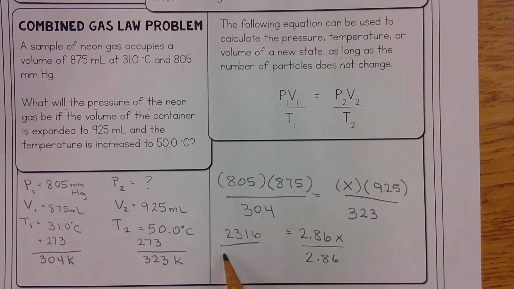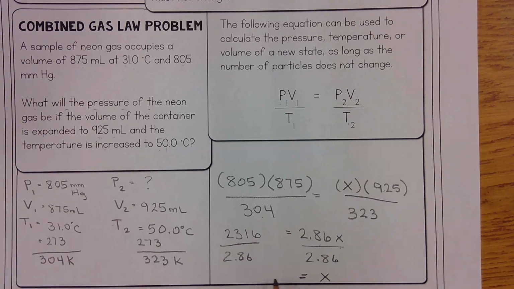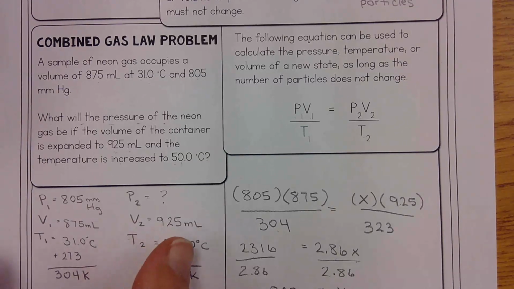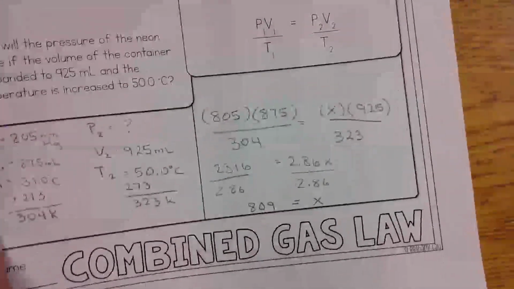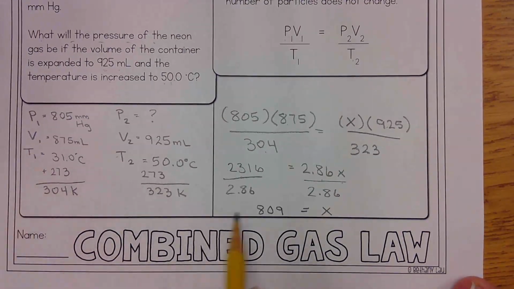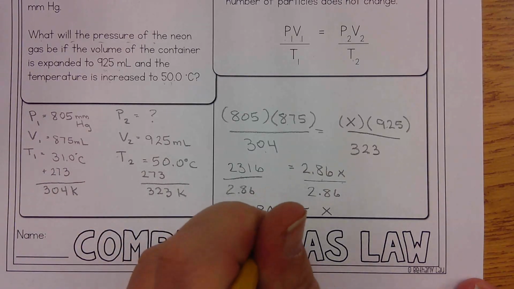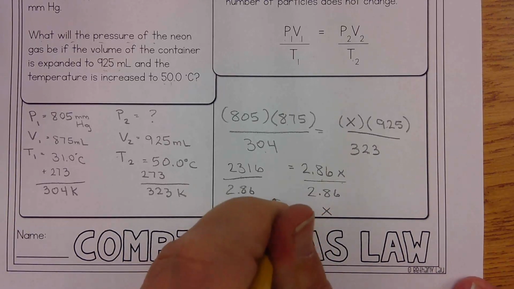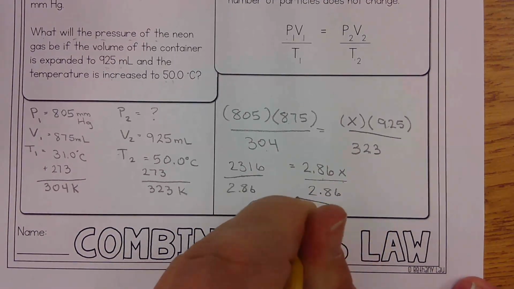Divide by 2.86. And my x equals 809. Units, millimeters of mercury. So that is what my pressure changes to.